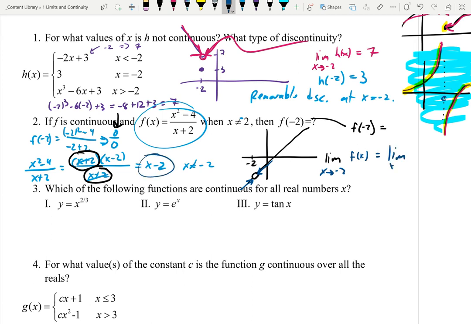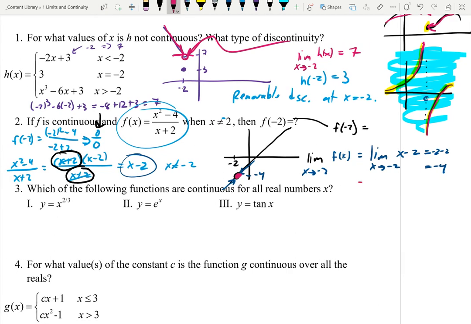So that's really just the limit as x approaches -2 of x minus 2, which by direct substitution is -2 minus 2, or -4. So I need to define my graph to be -4, fill in the hole, and make the graph continuous. So I need f of -2 to be equal to -4.